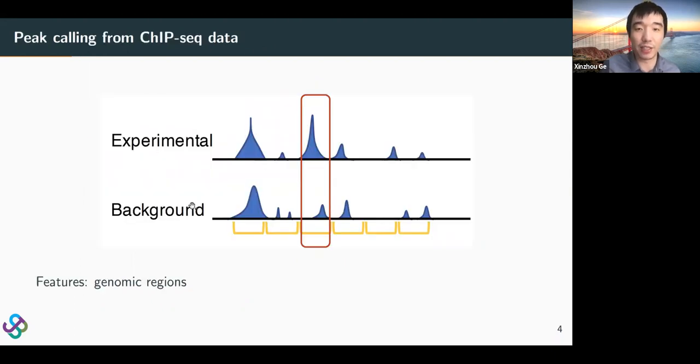For example, in peak calling analysis, we only look at the peaks in the experimental condition, so the only interesting peaks are those that have higher intensity in the experimental condition than the background condition.